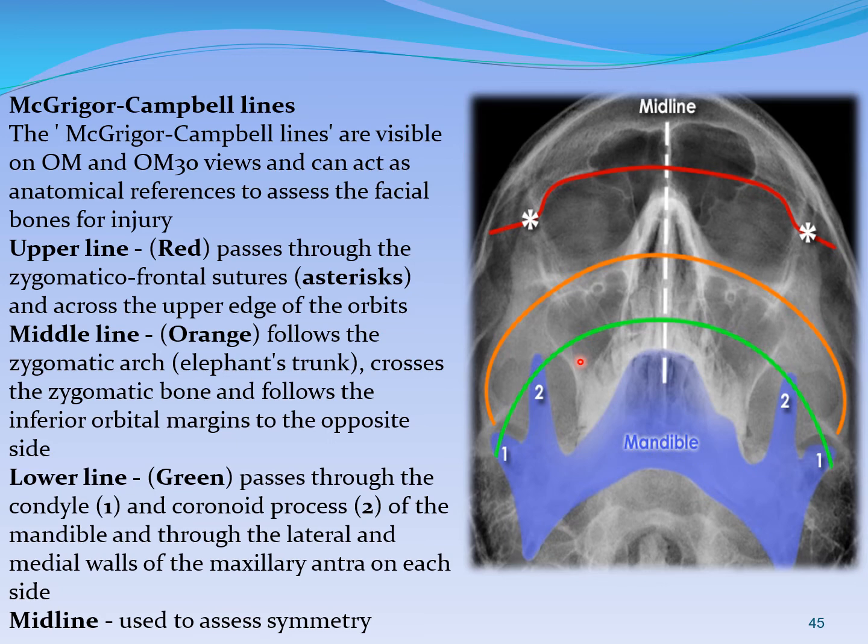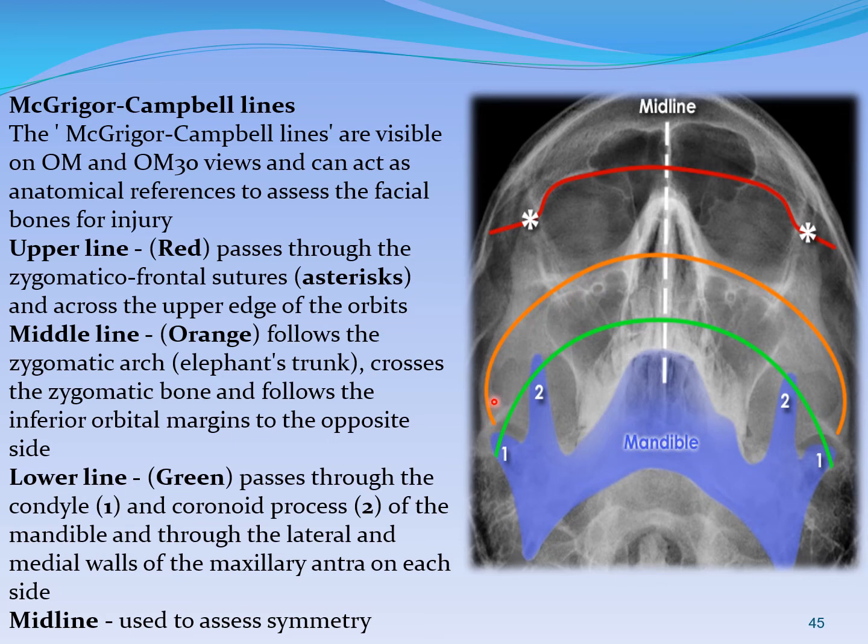Now, these lines are visible on OM and the OM30 views, which act as anatomical references to assess the facial bones for injury. The red line, as you can see in the image over here, passes through the zygomatic frontal suture and runs across the upper edges of the orbits to the other side. The next line is the middle one, or the orange line.